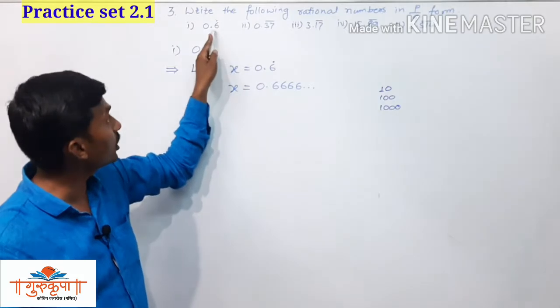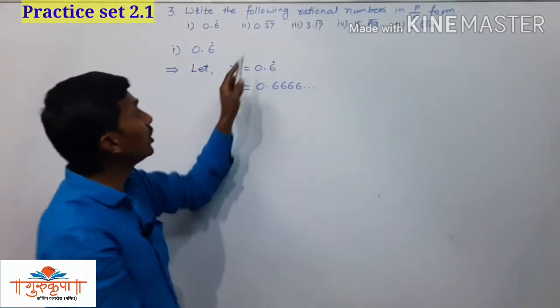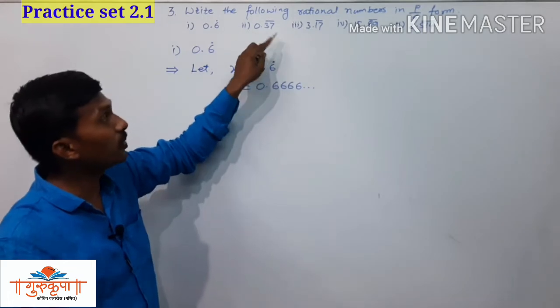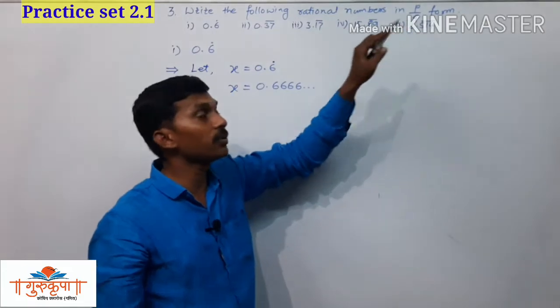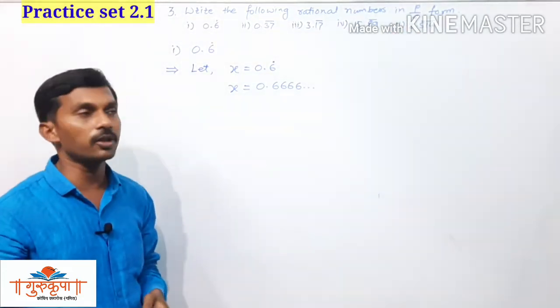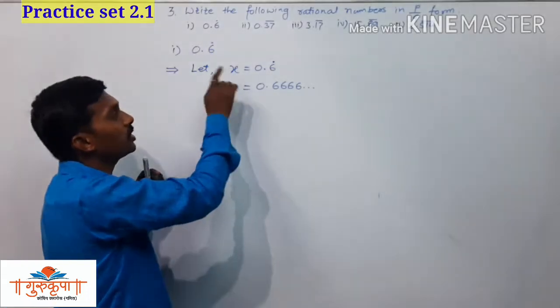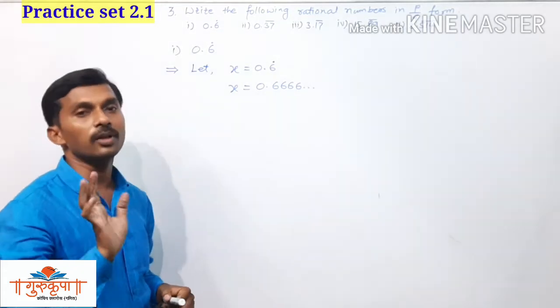Here one digit is recurred, so we multiply both the sides by 10. 2 digits get recurred, so we multiply both the sides by 100, and 3 digits get recurred, so we multiply both the sides by 1000. That is very important. In the first step we represent the given decimal form by an unknown variable.